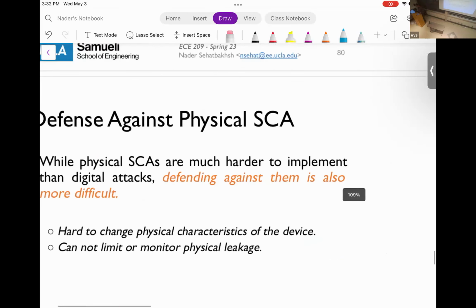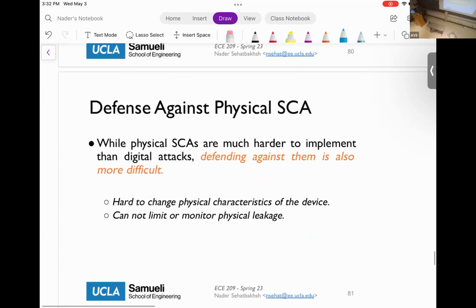So let's also talk a little bit about how we defend against side channels. So one thing to realize is that physical attacks and physical side channels are not something we can easily eliminate, okay? Because these are coming from physical characteristics of the system. For example, you cannot really stop the system from heating up when you're using it, okay?